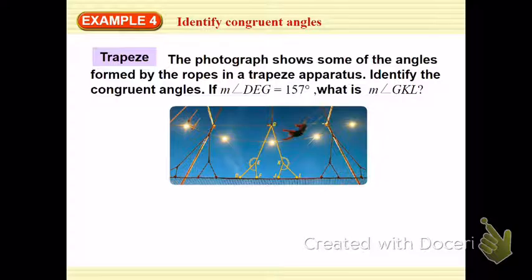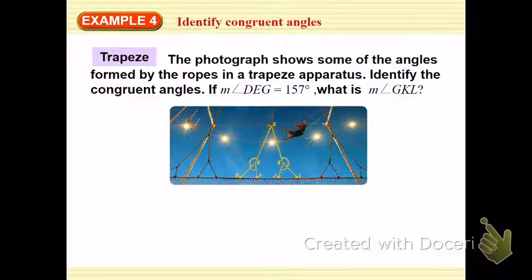So this photograph shows some of the angles formed by ropes in a trapeze apparatus. Identify the congruent angles. Okay, well, they're marked with the arcs, same number of arcs.